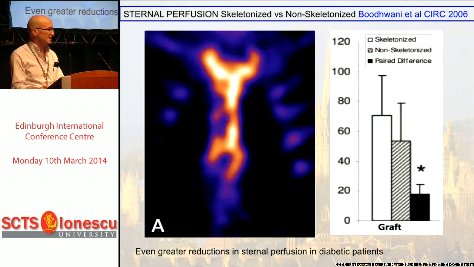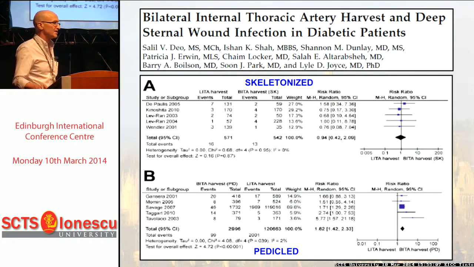Now, there has been this meta-analysis of bilateral ITA harvest and deep sternal wound infection in diabetics, and what it basically shows is that if you skeletonize both mammary arteries, there is no difference in deep sternal wound infection between single and bilateral IMA grafting, whereas if you harvest the mammaries as pedicled, you do see a significant increase in deep sternal wound infection.